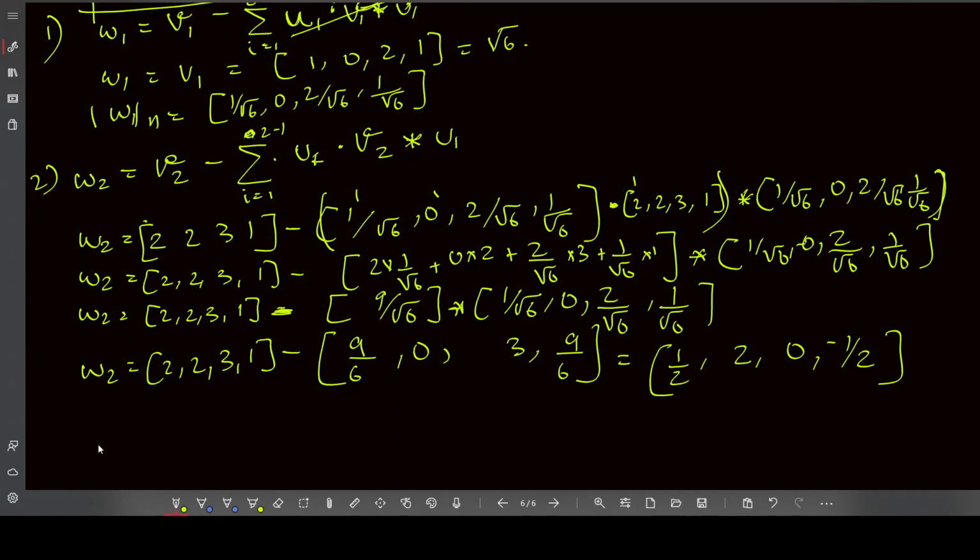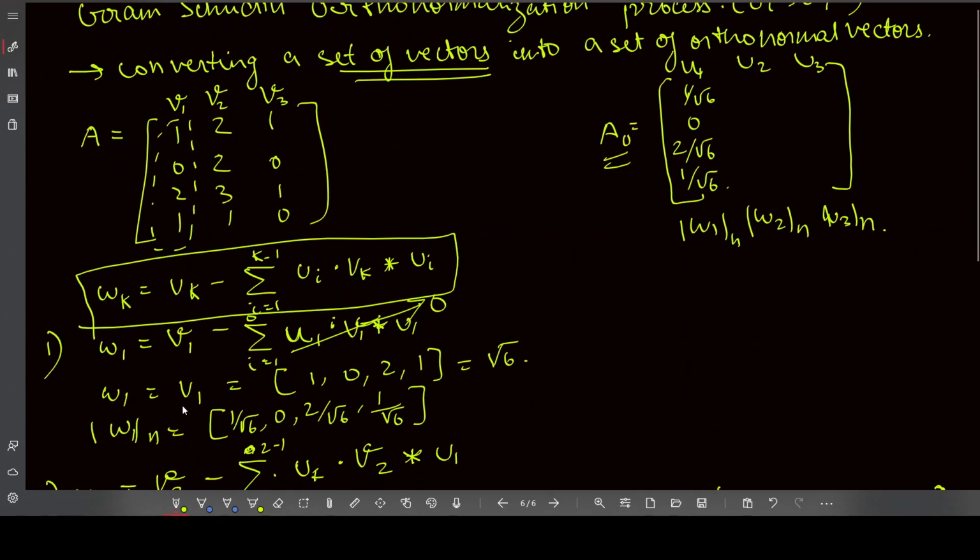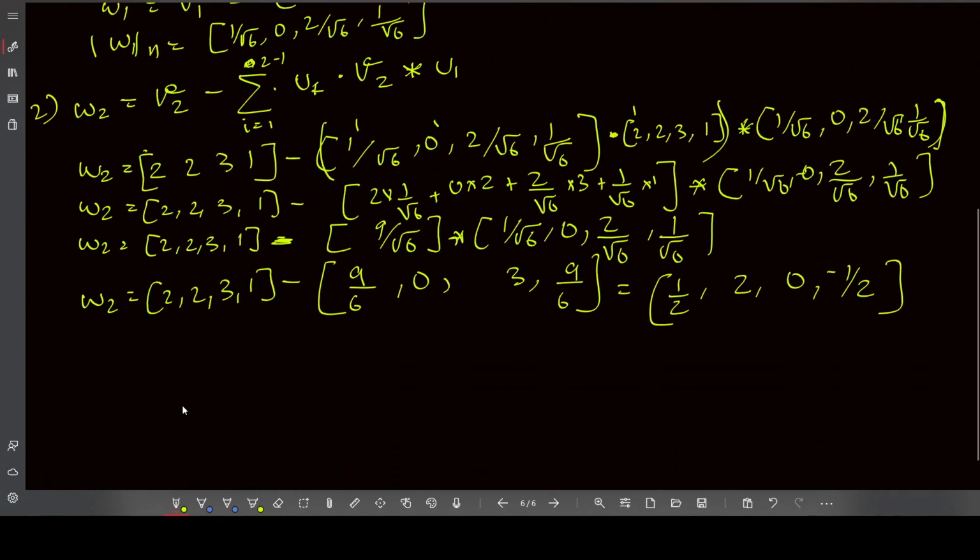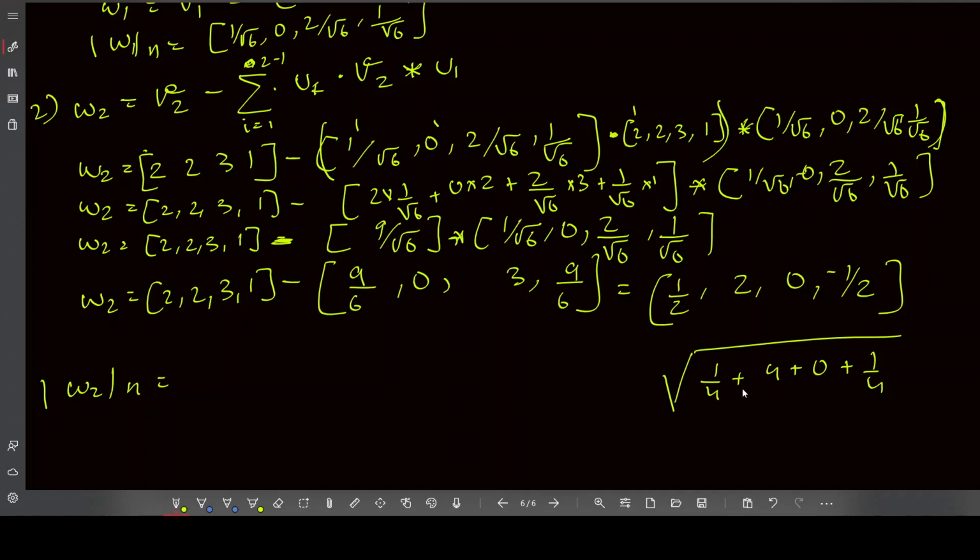So now you have to find, so this is W2. Okay, now U2 will be the normalized value of W2. So W2 normalized is basically equal to, what you have to do is, you first have to find the magnitude of this. So that's 1 by 4 plus 4 plus 0 plus 1 by 4, and you have to find the under root.